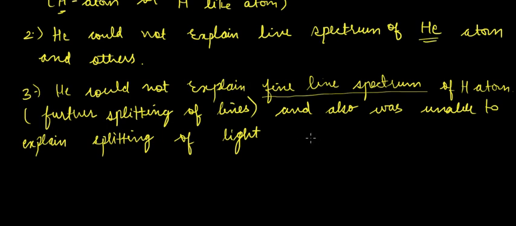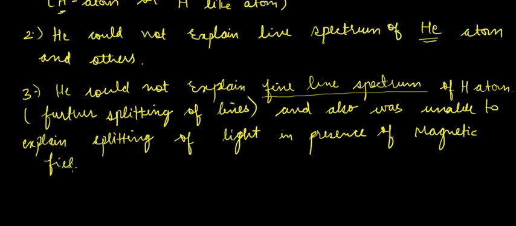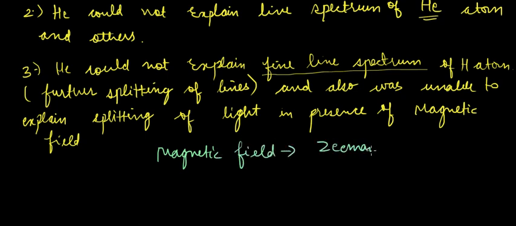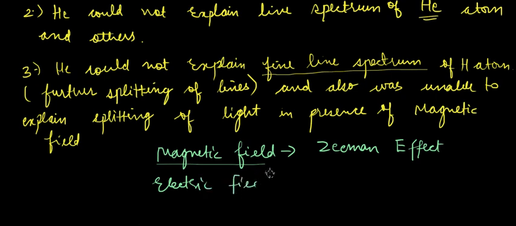Or in other terms, he could not explain the Zeeman effect and Stark effect. So in presence of magnetic field, we have Zeeman effect, and in presence of electric field, we have what is called Stark effect.